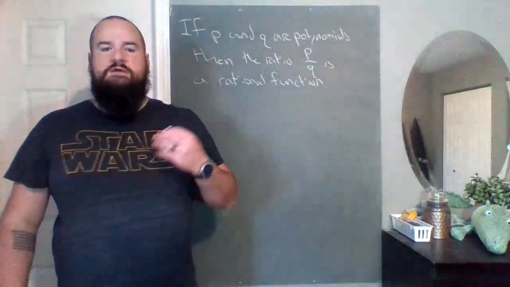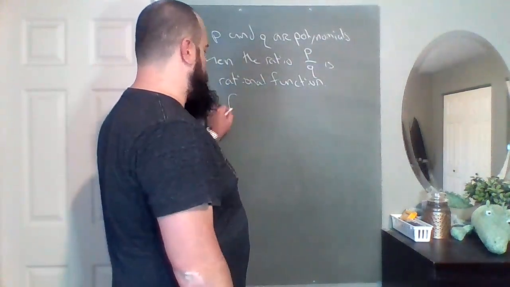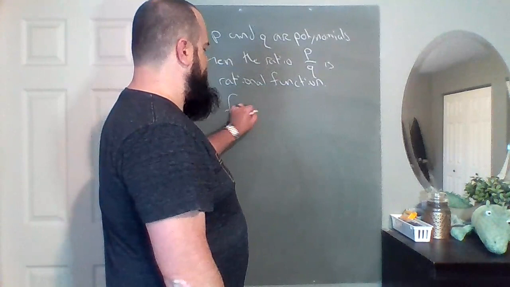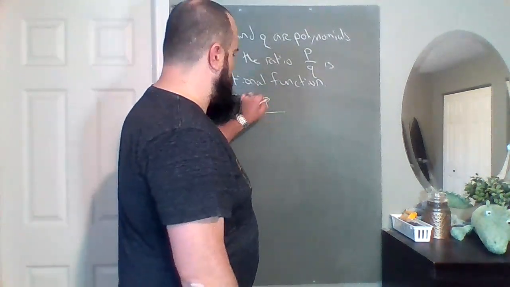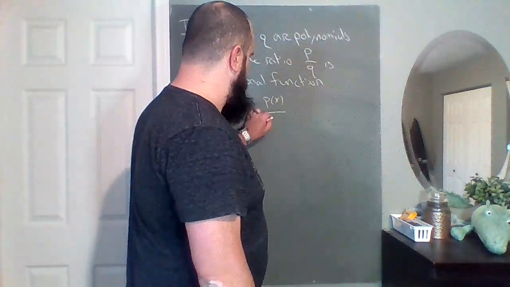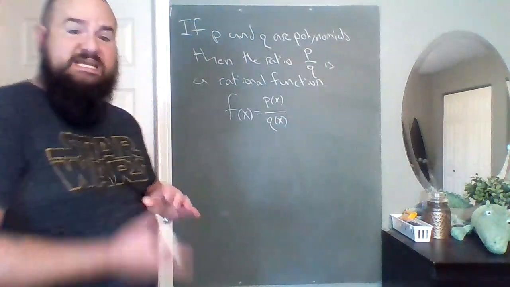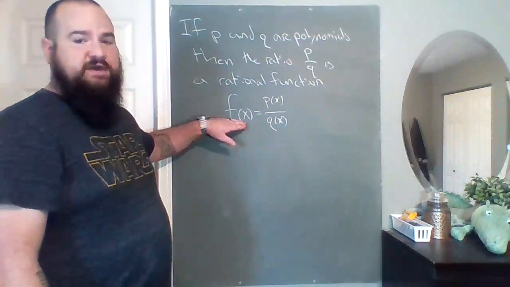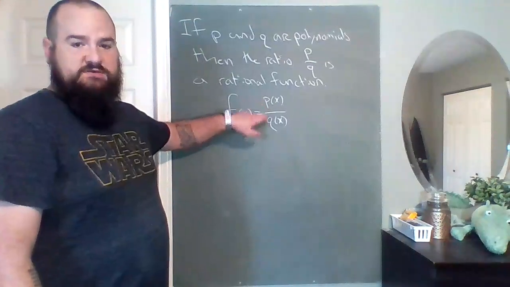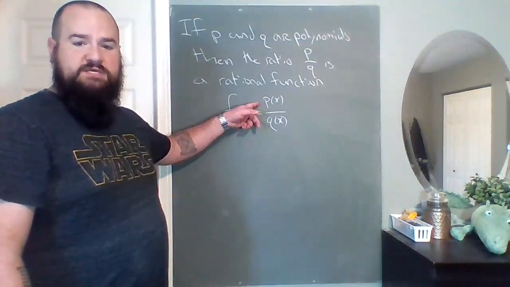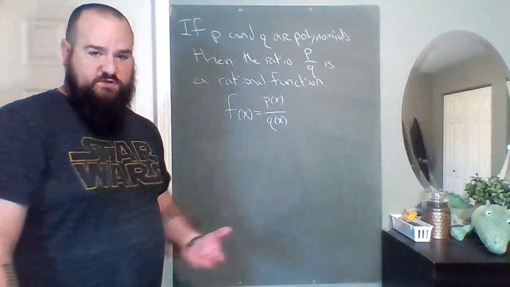If you will, a rational function is any function that can be written as f of x equals p of x over q of x, where p and q are polynomials.